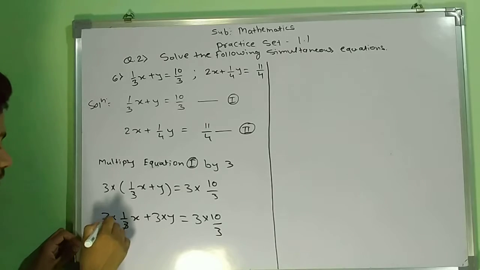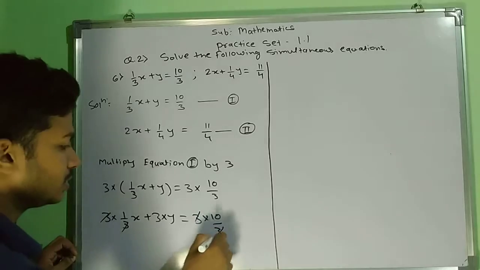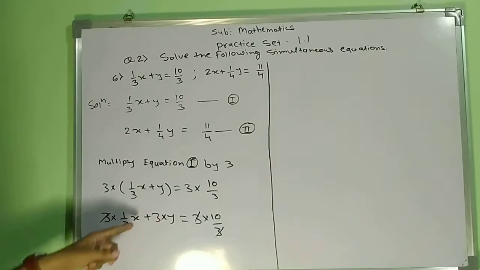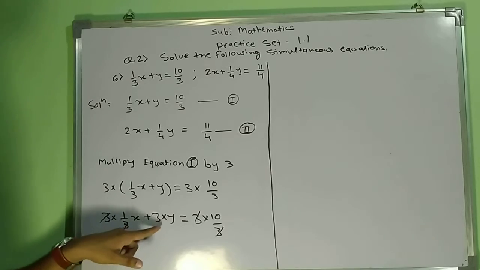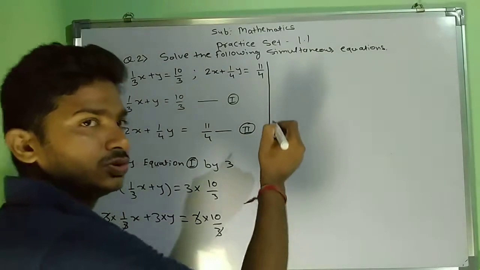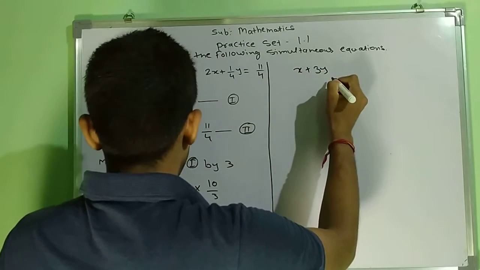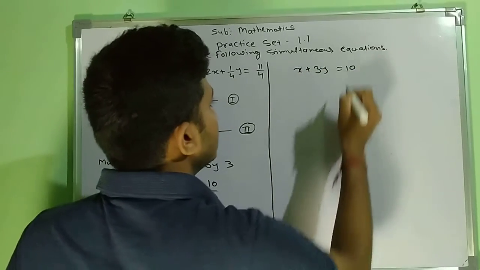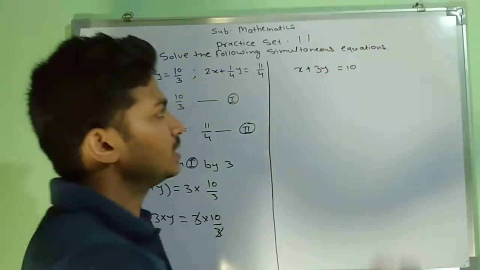Now look here, the 3 in the denominator and the 3 in the numerator will cancel. Here again the 3s cancel each other. What will remain? At the numerator only x is remaining, here 3y, and then 10. So we got x plus 3y equal to 10, another equation. We will make that equation number 3.